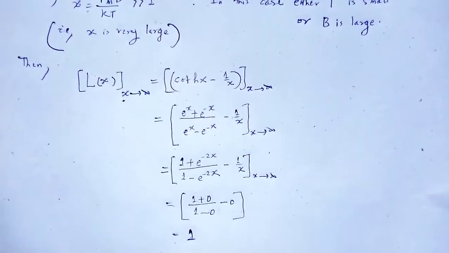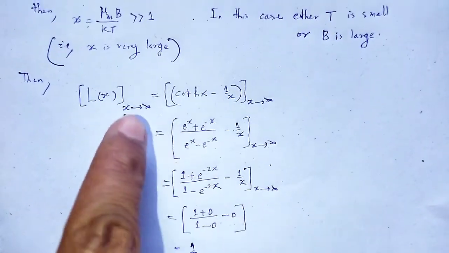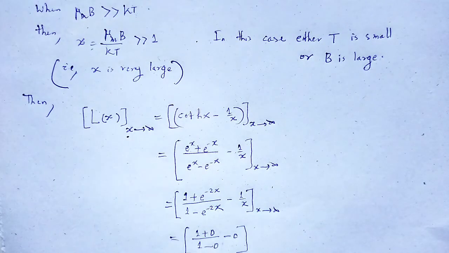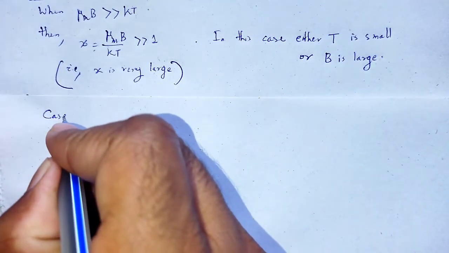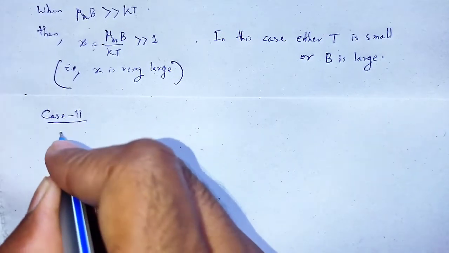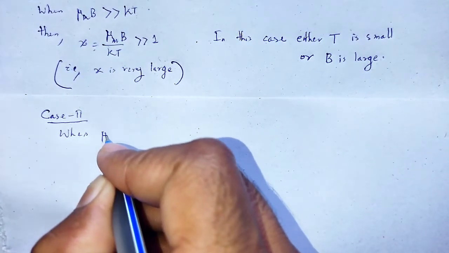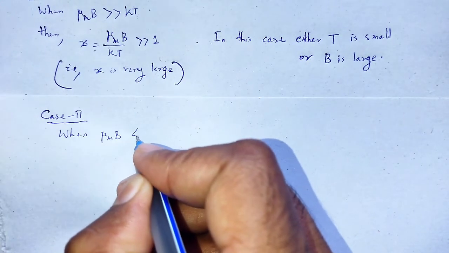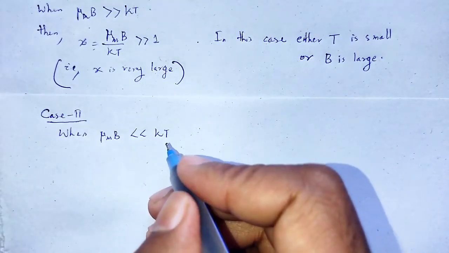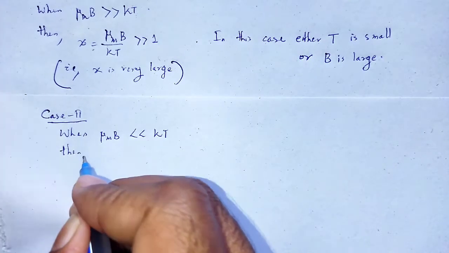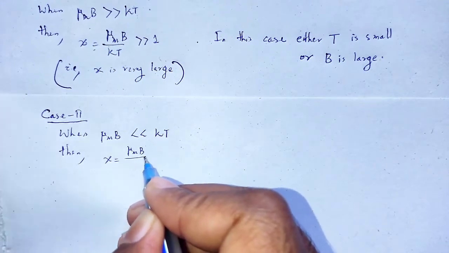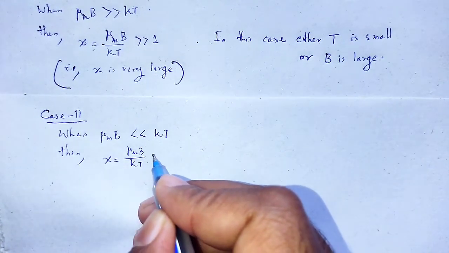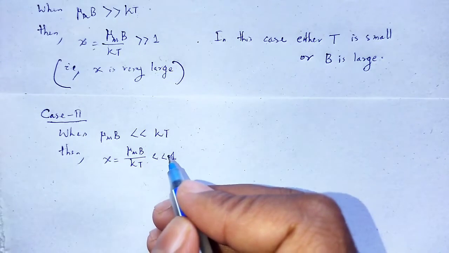Case number 1. Next, case number 2: if that term is very less than kT, then what do we obtain? Case number 2, when mu m B is very less than kT, then x is equal to mu m B divided by kT, which is very less than 1.